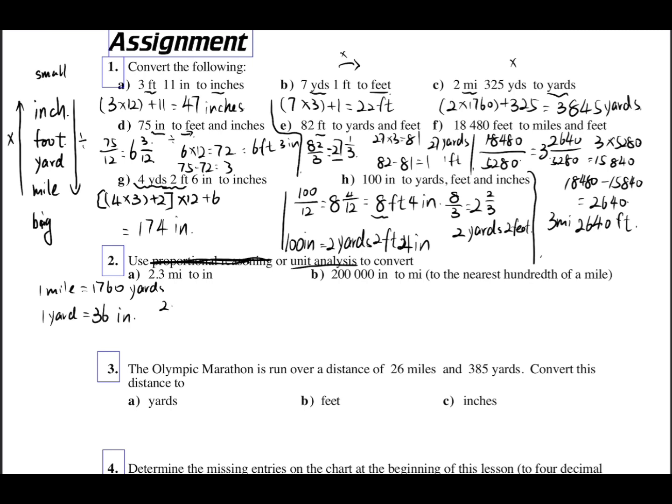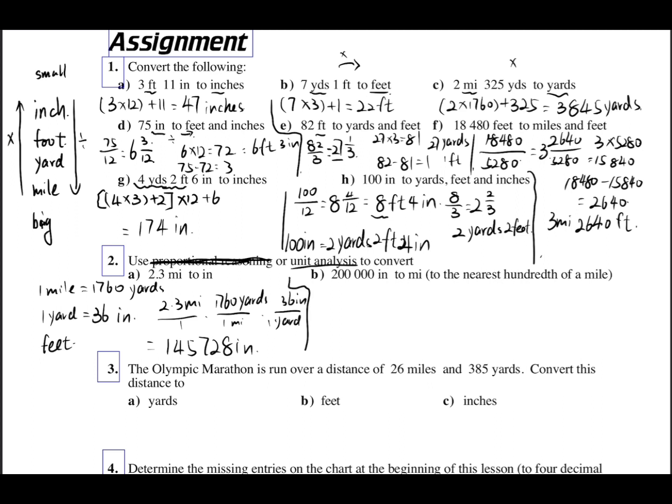Then it's 2.3 miles divided by 1, times 1 mile over 1760 yards, times 36 inches over 1 yard. It equals 45728 inches. You can use this 1 yard, or you can use feet. Both are okay, it's up to you.